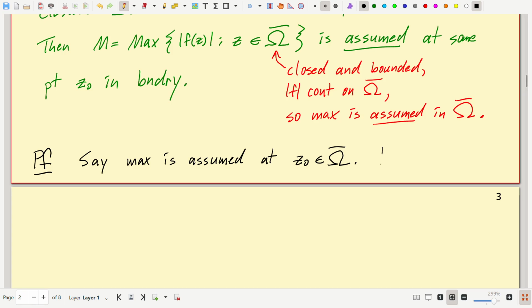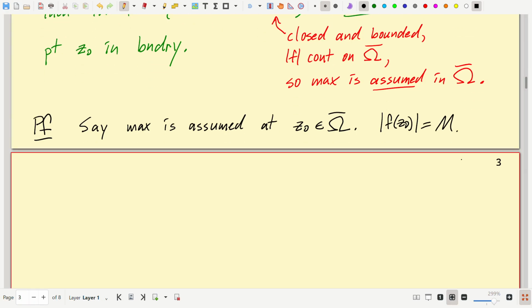So that means the modulus of f of z naught is the max. Well, the case when z naught is in the boundary, we're done. I'll call the boundary b of omega.